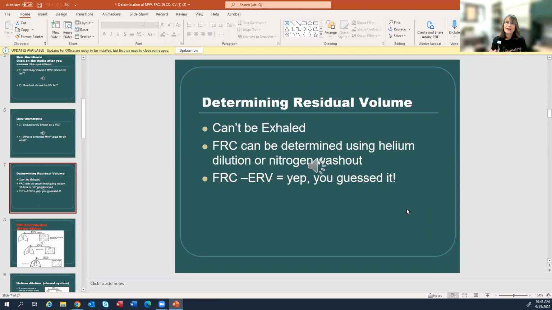We take the FRC we got from the test, subtract the patient's expiratory reserve volume, and whatever is left is the residual volume. So ERV we can measure, FRC we can measure, and then we subtract the two to get the residual volume.